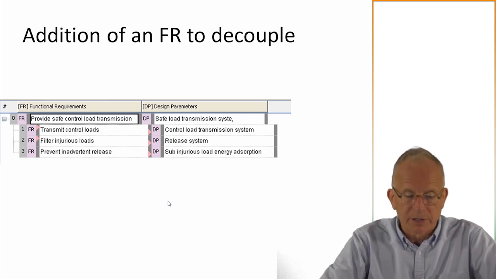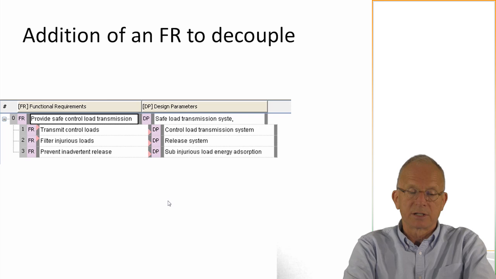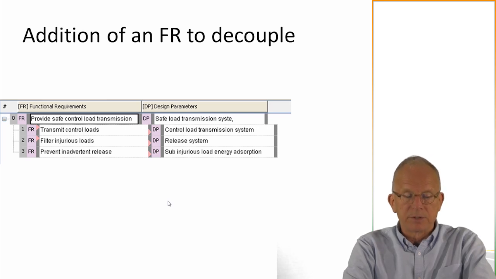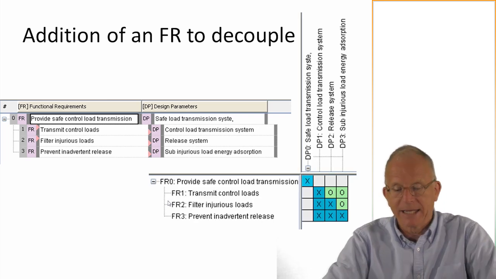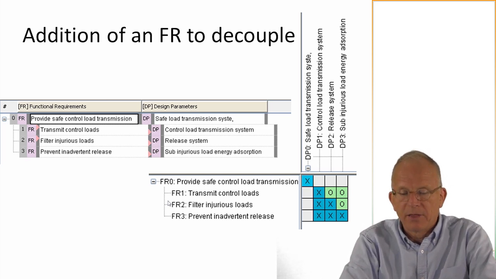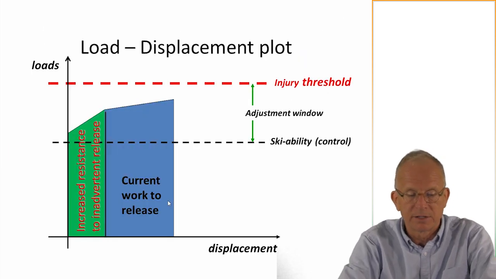So we can introduce another FR, and then we need to have some way of limiting the inadvertent release, and that might be to absorb energy, essentially, at sub-injurious loads. So sub-injurious load energy absorption. If we had that, then that would not interfere with transmitting control loads and would not interfere with filtering injurious loads. So that would be a good system if we could figure out how to do it.